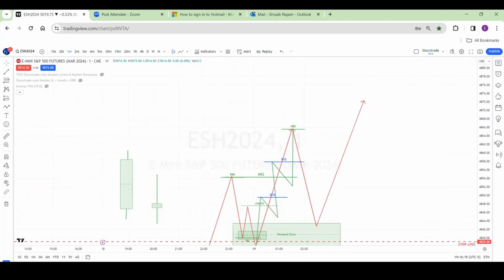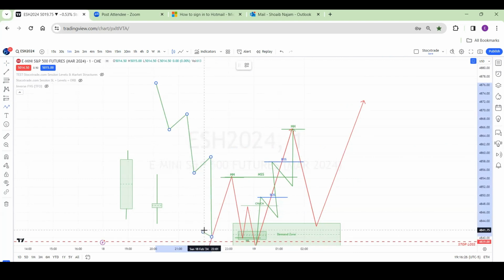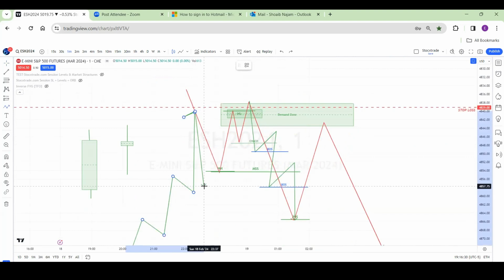Suppose the market was coming down, creating lower low, lower high, lower low, lower high.